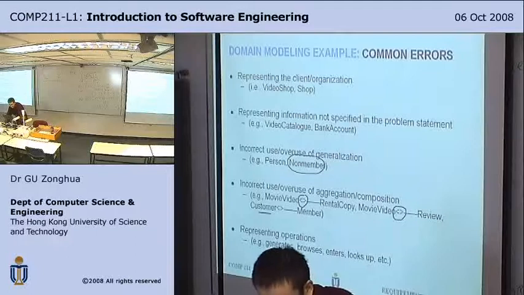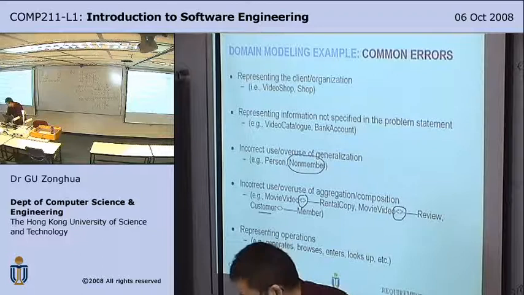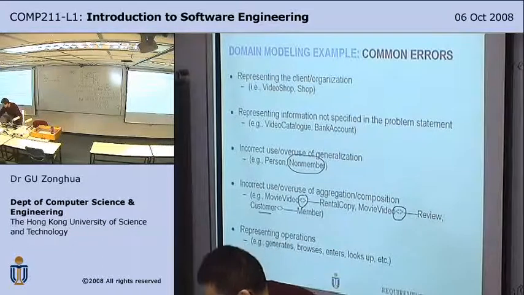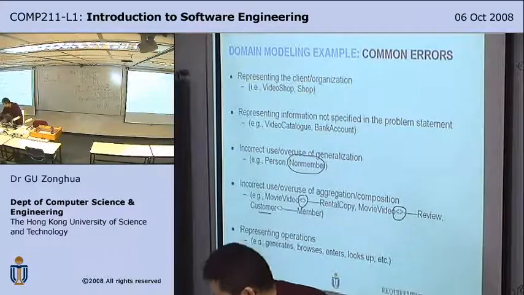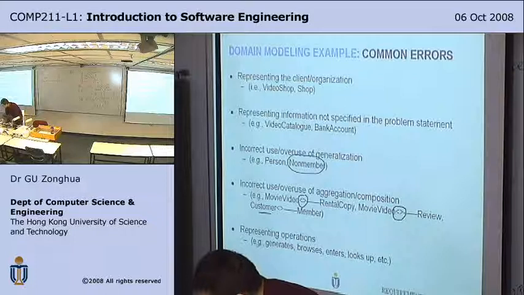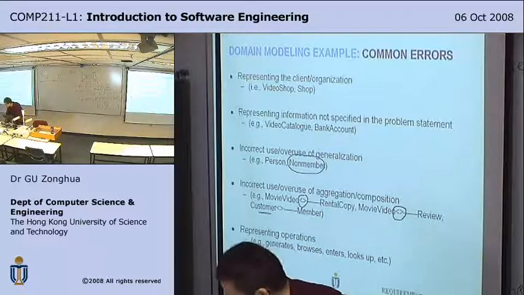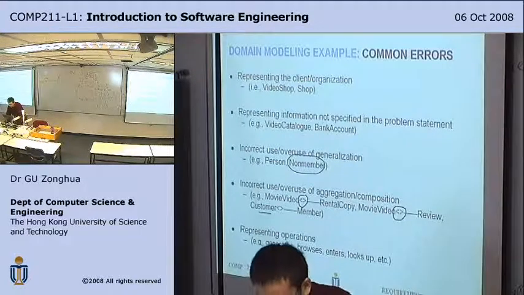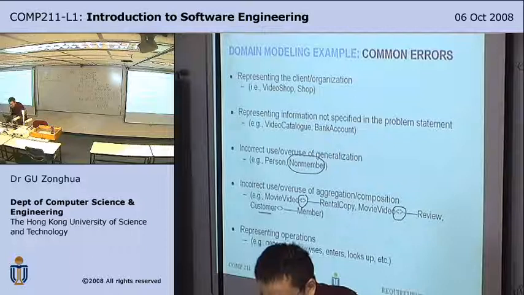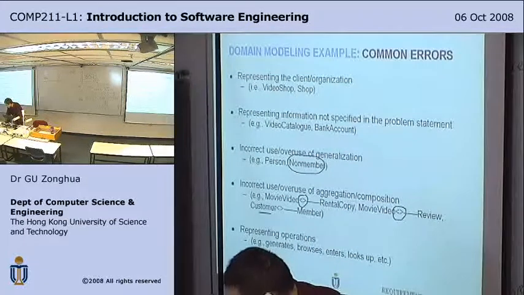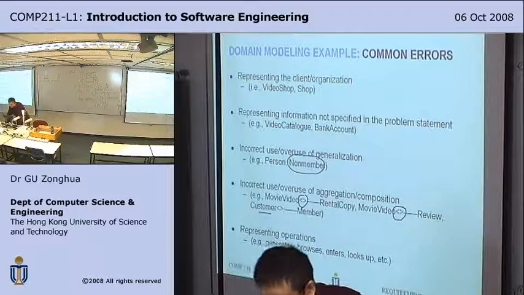Representing operations. So generates, browses videos, enters information, looks up information. These should not be in the domain model because they belong to the use case model. That is, they describe dynamic operations that are not persistent in the database.